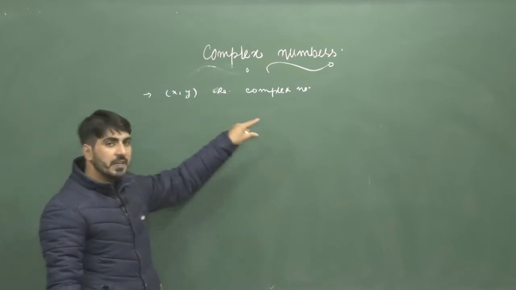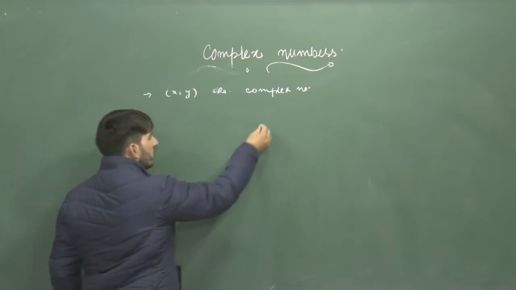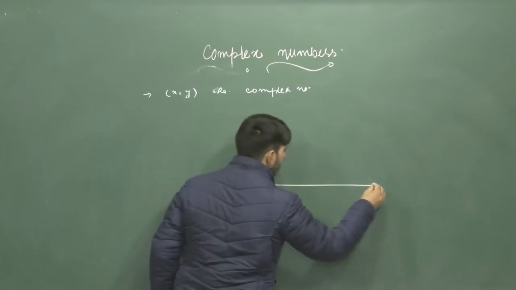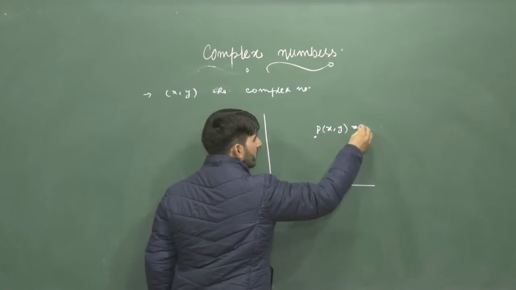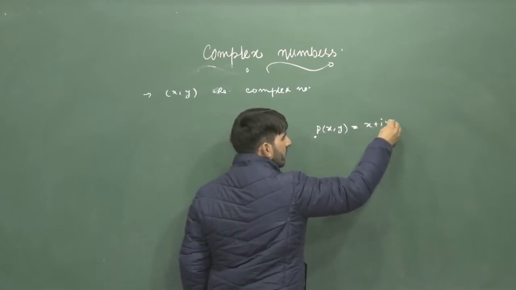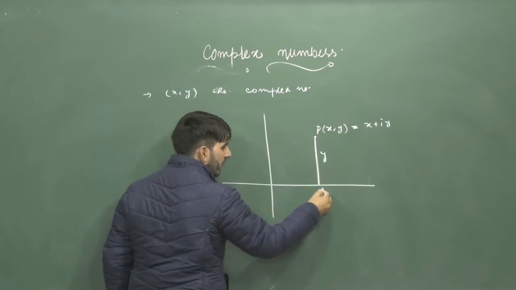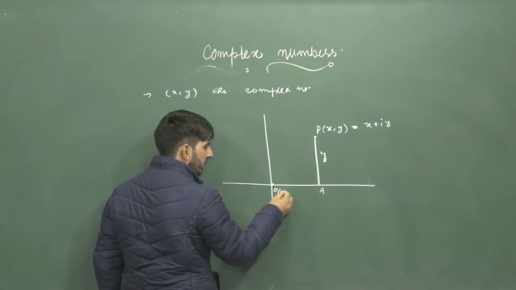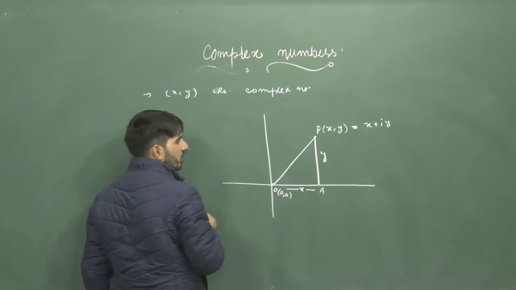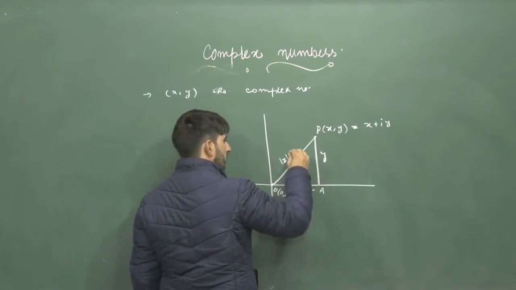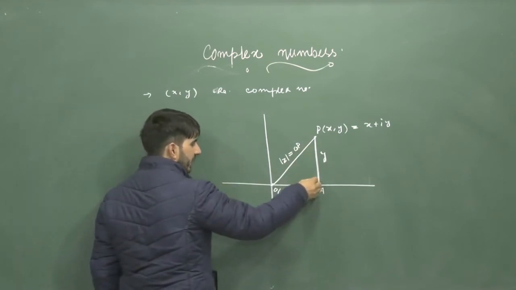Here we are talking about the Argand plane. Say this is the point (x, y) in the Argand plane, therefore it is the complex number x plus iy. This distance is y, say this is A, and this is the origin, this distance is x, and this is the modulus of z, and this angle is 90 degrees.